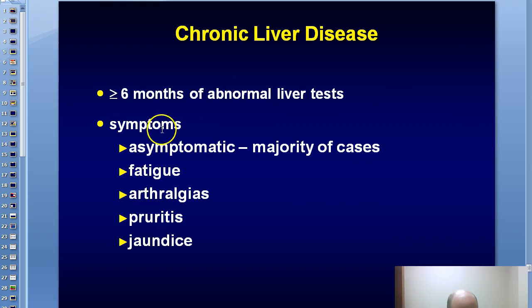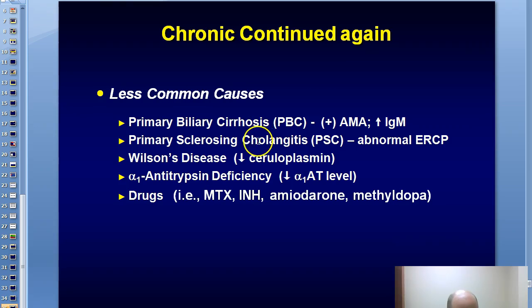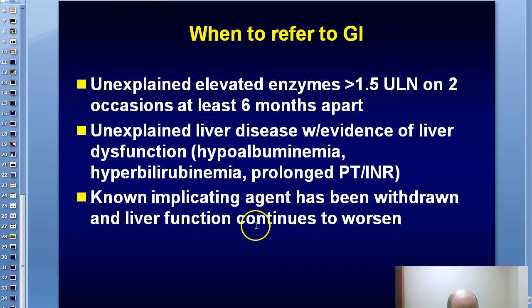Talked about this a little bit already. Chronic liver disease, some of the symptoms you'll see. And again, you can't have chronic Hep C and Hep B on my scratch handout. It didn't show up on there. Cut off on the bottom of my screen for some reason. So, signs of cirrhosis, advanced end-stage liver disease, what you're going to see.